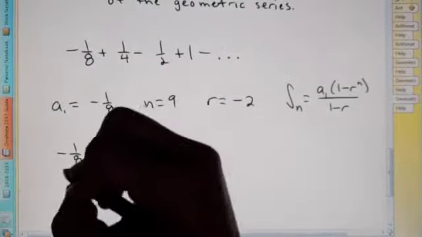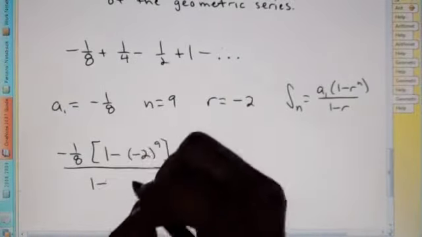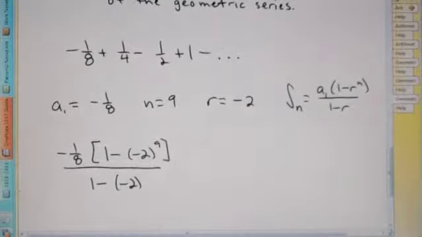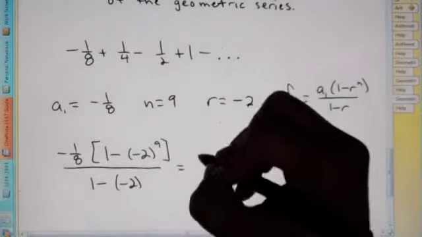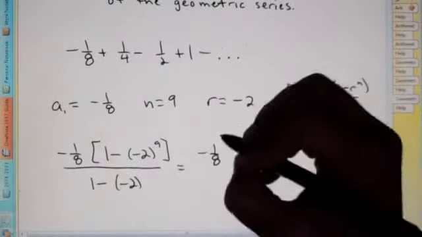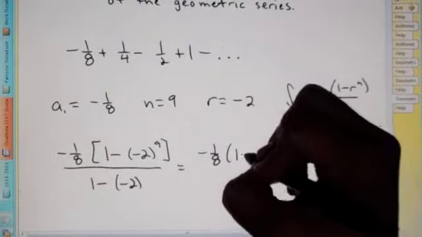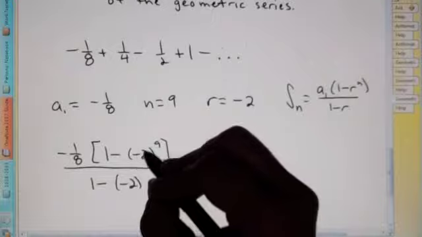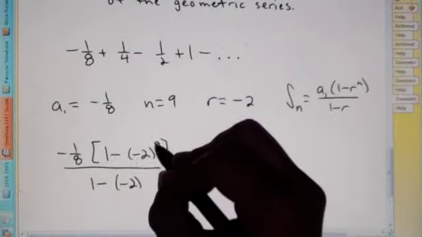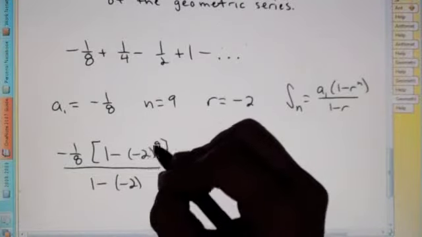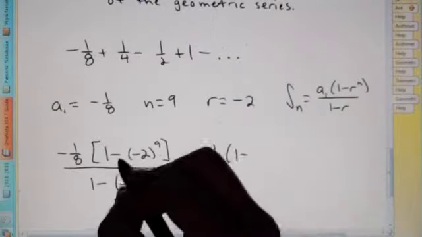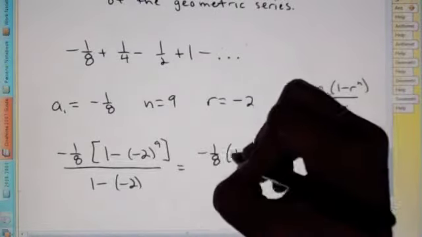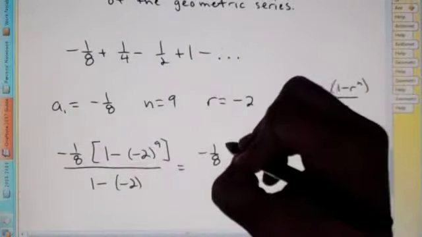Okay? Over 1 minus r. So here we have negative 1/8, 1 minus, so if this is a negative and that's an odd exponent, when I apply the odd exponent, this stays negative. But notice we have a minus out here. Actually, let's do it step by step so I don't confuse anyone.